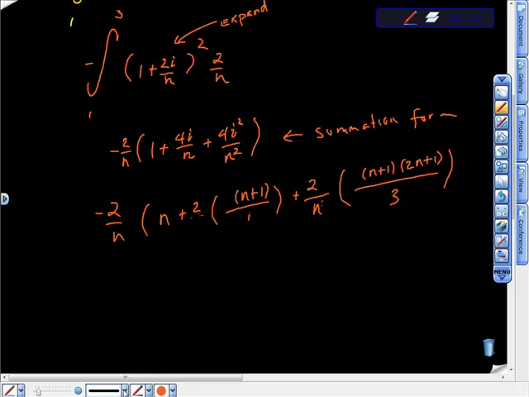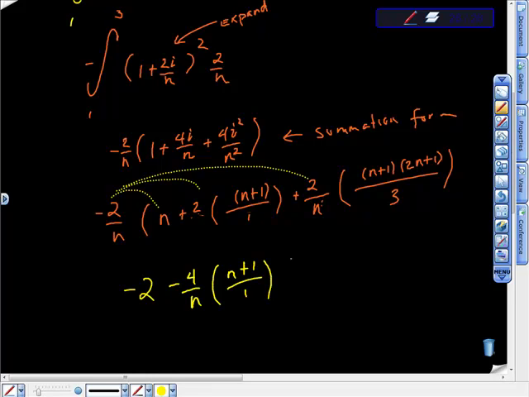I'm going to bring this stuff in. So I'm going to drag this into here, this into here, this into there. And that should look like this. Negative 2 over n times n is negative 2, isn't it? Minus 4 over n times n plus 1 over 1.